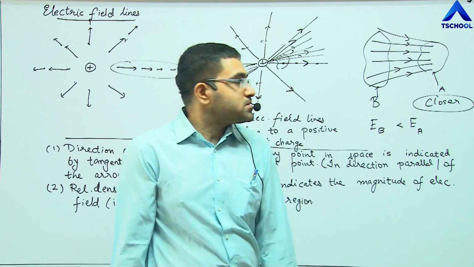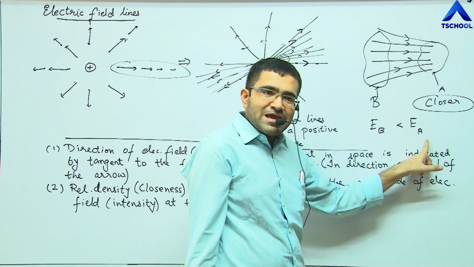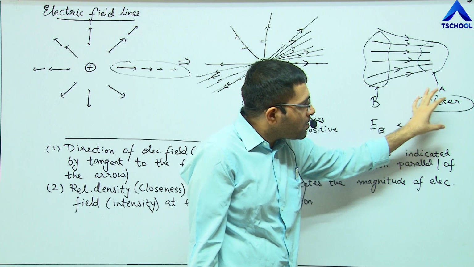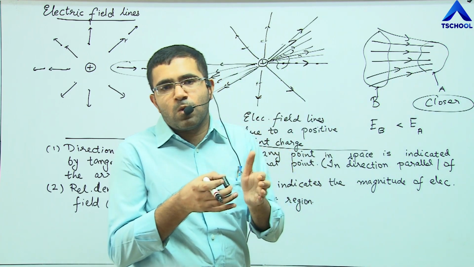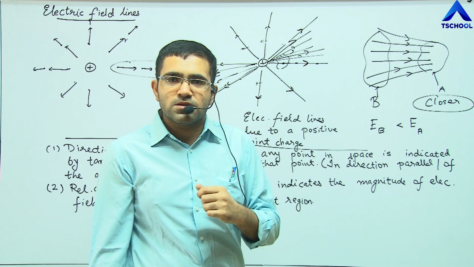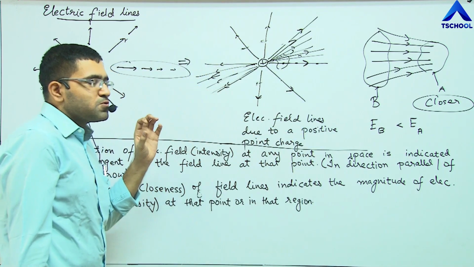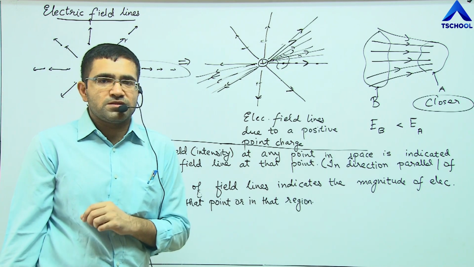So that means that the electric field at A has more magnitude compared to the electric field at B because the field lines are close to one another, right? So this is something that you must keep in mind when you draw electric field lines.